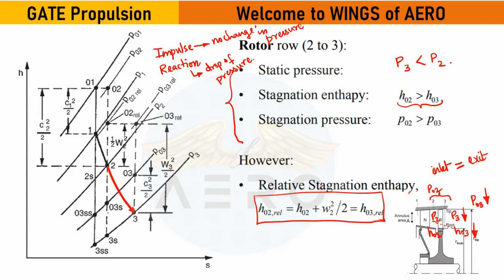So in an ideal condition, when the inlet and exit conditions are constant or equal, H naught 2 will be equal to H naught 3. Got it? Did you get this relative stagnation enthalpy part?